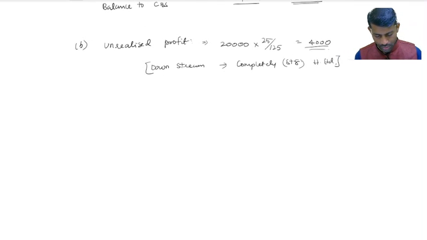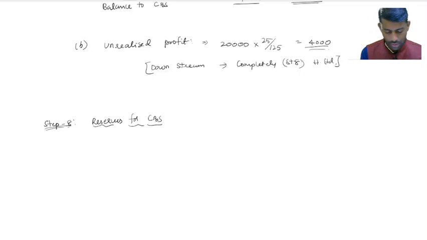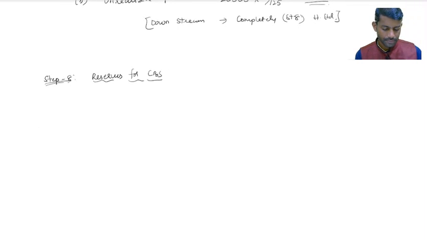Step number 8, holding company. Let's go. Step number 8, reserves for CBS. Here we especially talk about revenue reserves. First is general reserve, then profit and loss account.